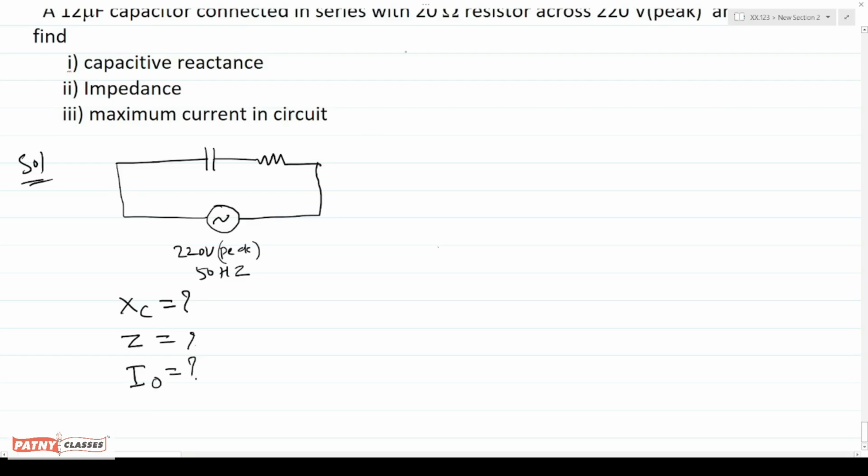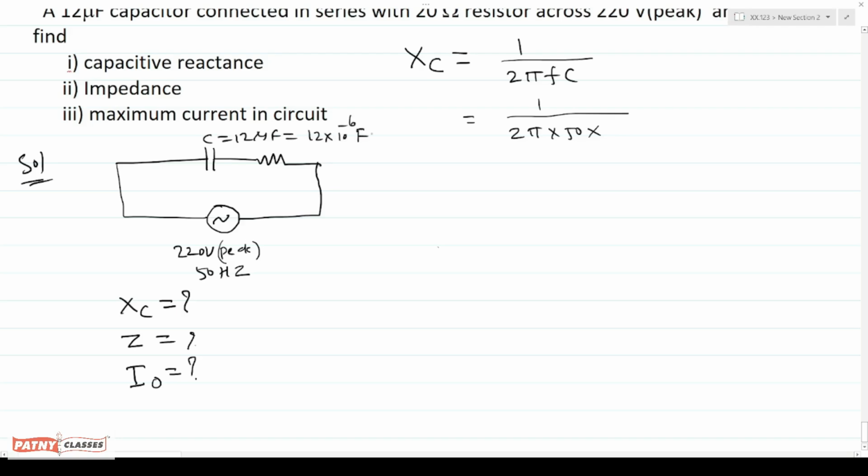And we know that capacitive reactance is given by XC equals to 1 upon 2 pi FC, that is equals to 1 upon 2 pi, F is 50 and C value is 12 microfarad. C equals to 12 microfarad, that is equals to 12 into 10 raised to minus 6 farad.